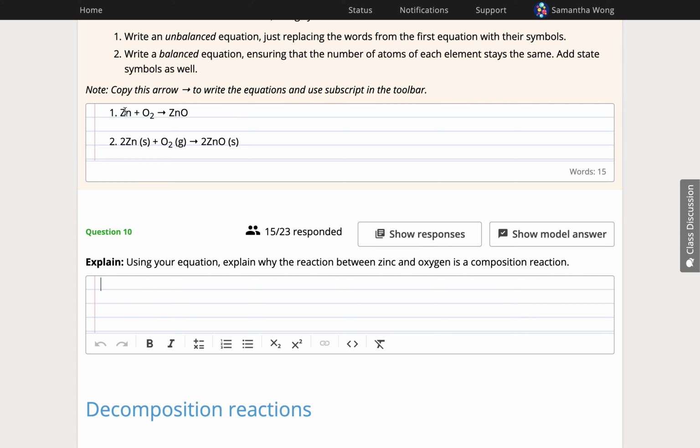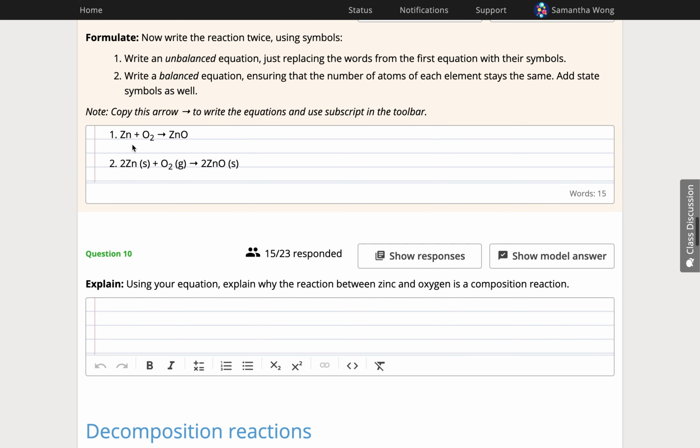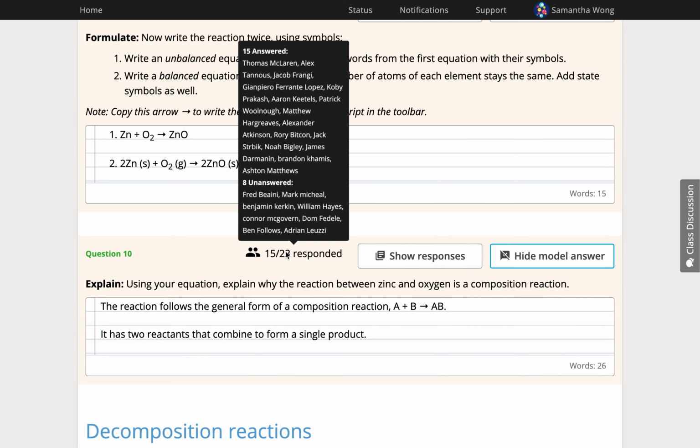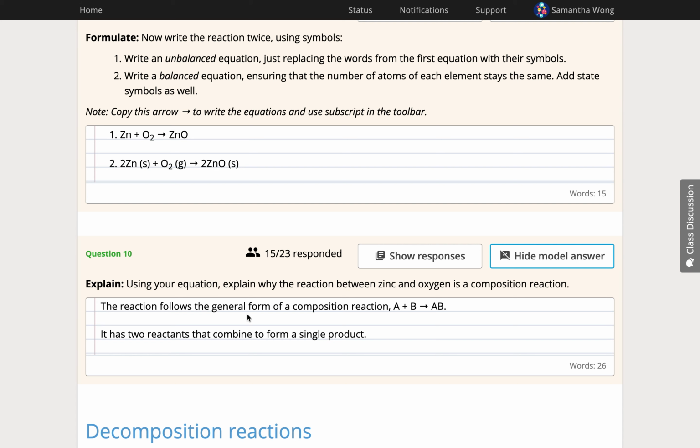And we know that this reaction starts with 2 or more reactants and gives us a single product. So you could actually say that this reaction follows the general form of a composition reaction. So A plus B gives you AB.